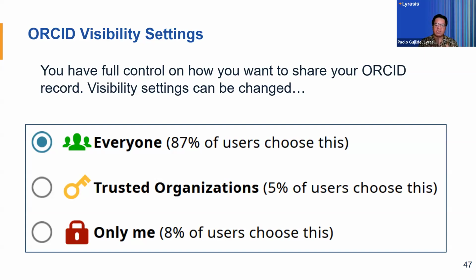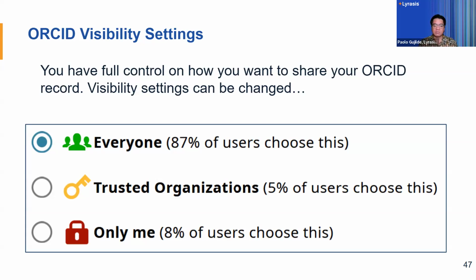So if I've only given permission to Northwestern University, for example, for my ORCID record, they're the only ones that could access that data from my ORCID record. But this is going to be for every trusted organization that you have given permissions or authorizations. They will have access to that ORCID record.